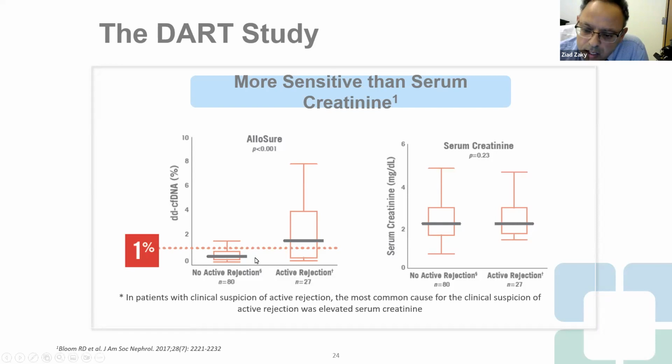But when we look on the left side, at the difference in cell-free DNA between those who had no rejection versus active rejection, it seems that at the mark of 1%, we captured more patients with active rejection. So donor-derived cell-free DNA can differentiate between rejection and no rejection even when the patient has a baseline creatinine.